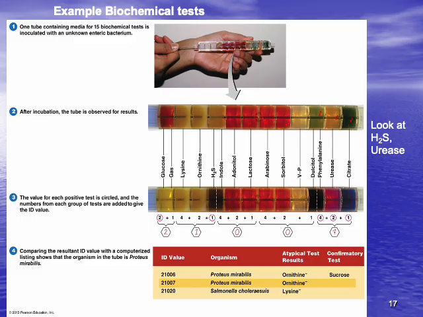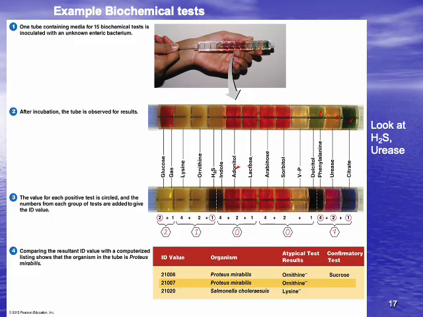For instance, does it break down sorbitol? Does it break down arabinose? Does it break down lactose? Does it grow here and produce hydrogen sulfide? So yes or no. Does it have urease? Urease is something that breaks down urea. If you look here, when you don't see a color change, let's say lactose, arabinose, you'd say, nothing's changed here.